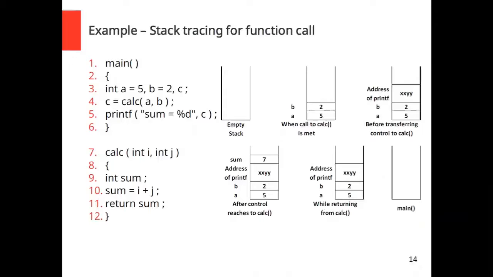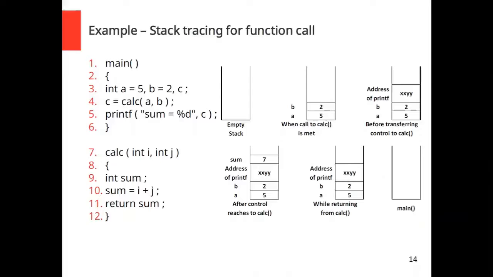The address of the next statement, that is printf, is also added to the stack. Let's assume the address is xxyy. Then the control is transferred to the calc function.